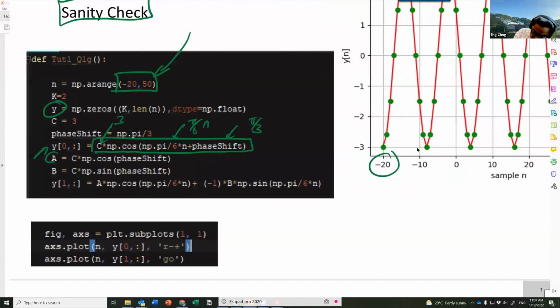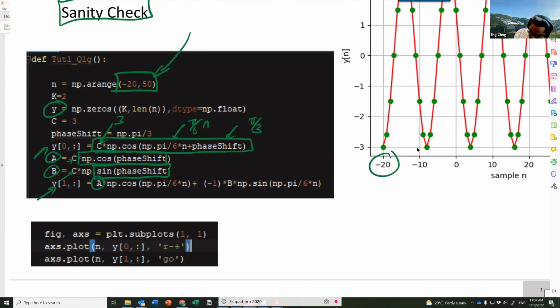Then A is calculated as cosine of pi over 3, and B is calculated as sine of pi over 3. Remember the C in front, guys. Please don't drop it.